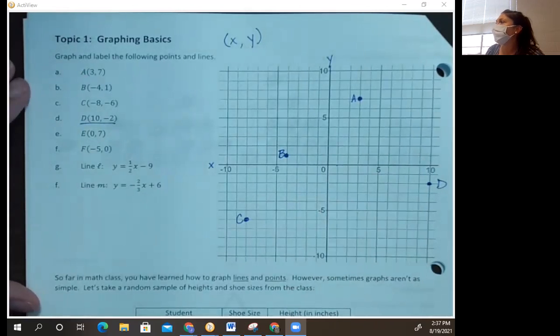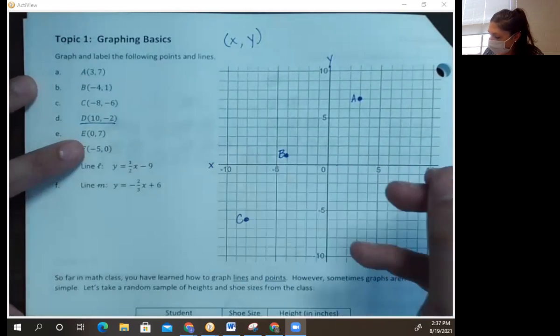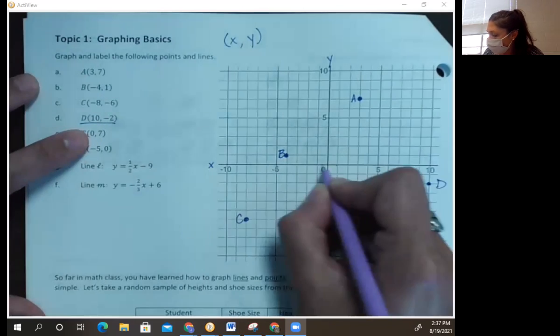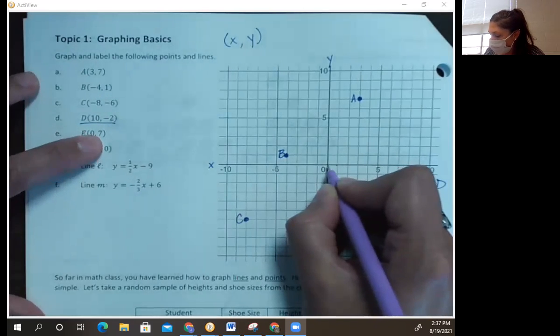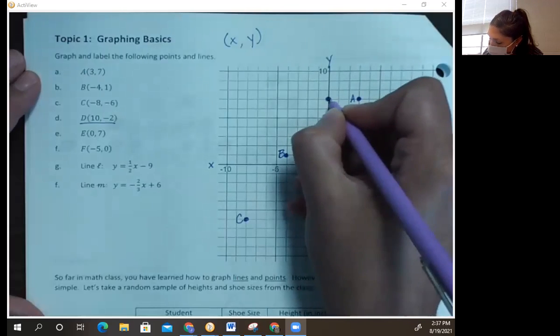E and F both have zeros as part of my ordered pair. So that means I won't move at all in the direction where I have the 0. So for point E, 0, 7, 0 for the x means I'm not moving left or right at all. But I am moving up 7 spots for the y. So 5, 6, 7.